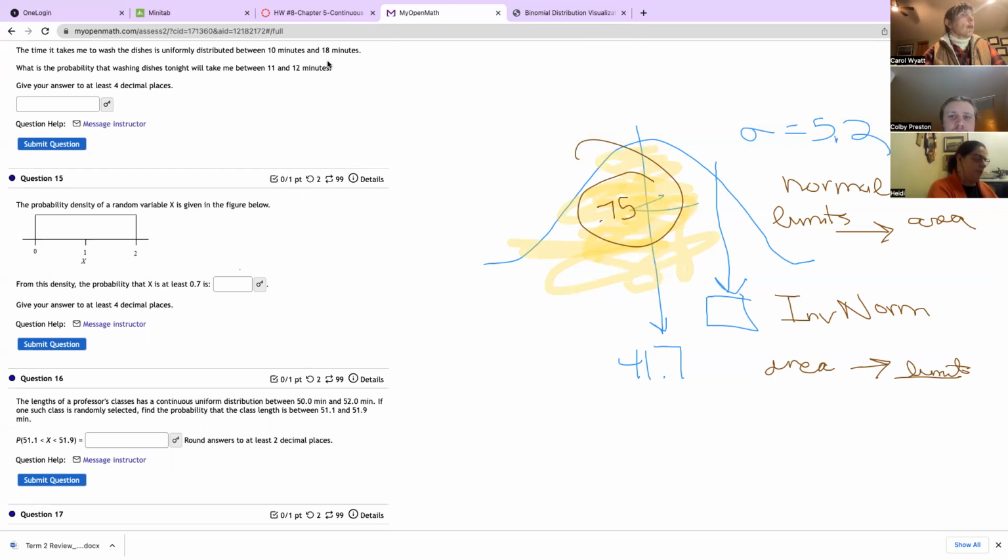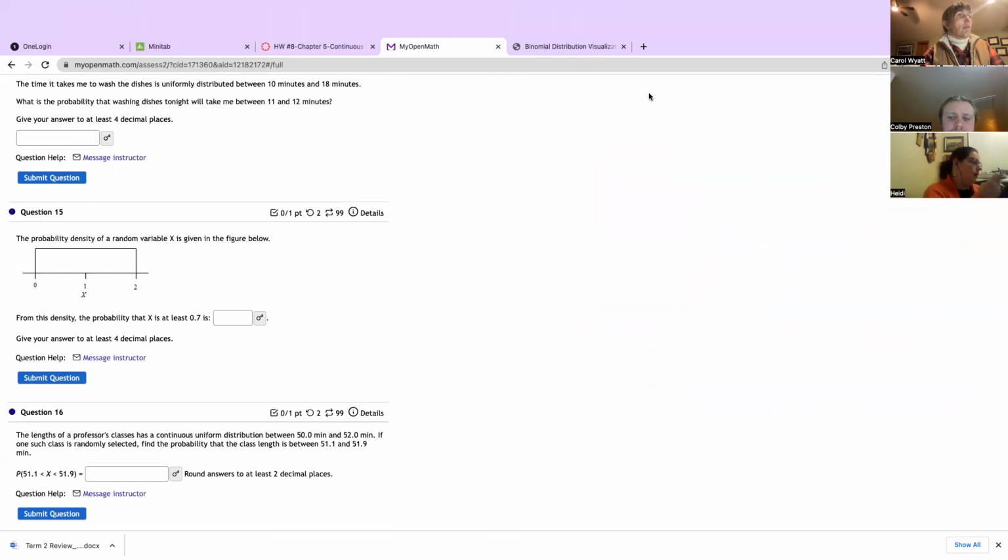All right. So the difference between a normal curve and a uniform distribution, right? A normal curve is like height. There's some super short people, and then gradually the bulk of the people are about average, and then you have some obscenely tall people.